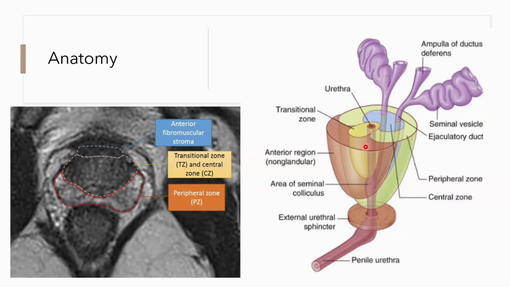Behind the anterior fibromuscular part, there are two zones: the transitional zone, through which the urethra passes, and the central zone, through which the seminal vesicles and the ejaculatory duct enter the urethra.